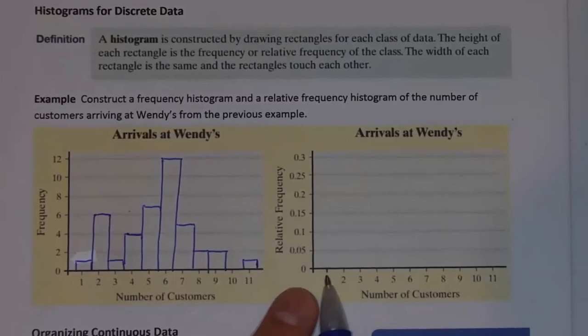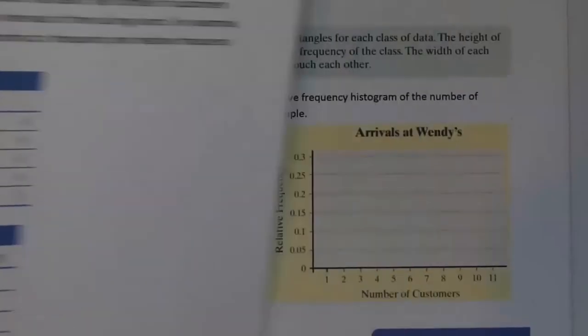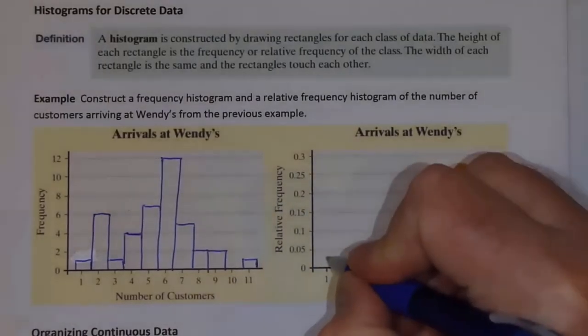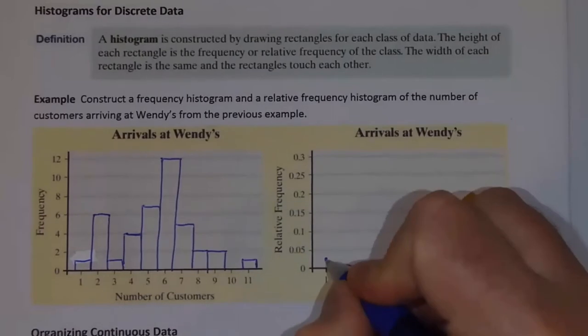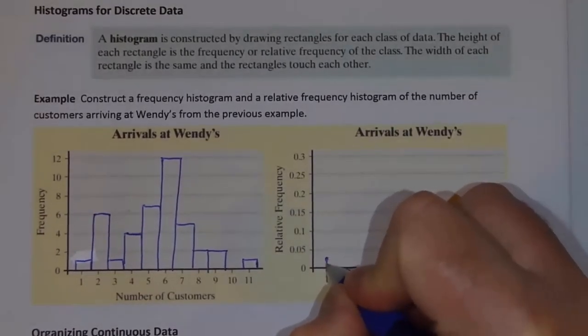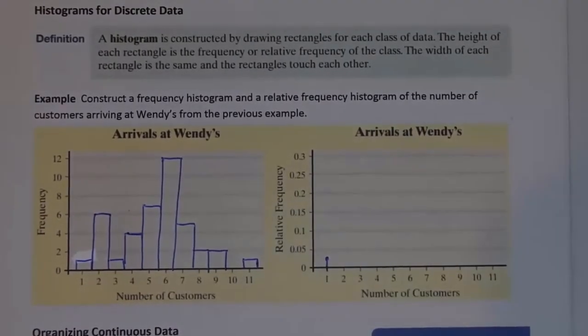My relative frequency for 1 was 0.025. That would be about right here vertically. If I just put a point there and then draw a vertical line down to 1, that would indicate the relative frequency of 1 is 0.025.